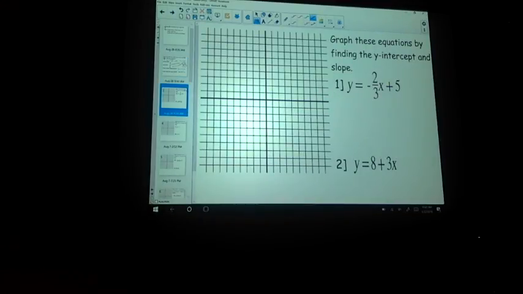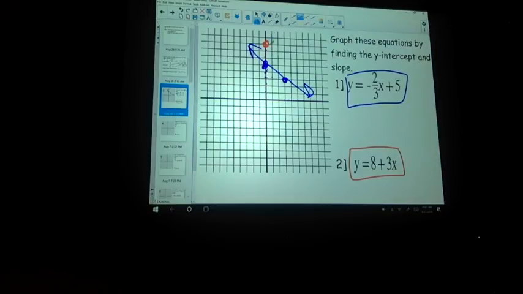All right. Graph these equations by finding the y-intercept. Okay, so plus 5, 1, 2, 3, 4, 5. The slope is down 3, right 1. This one has a y-intercept of 8, doesn't it? Does everyone understand why it's 8? And then I go up 3, right 1.